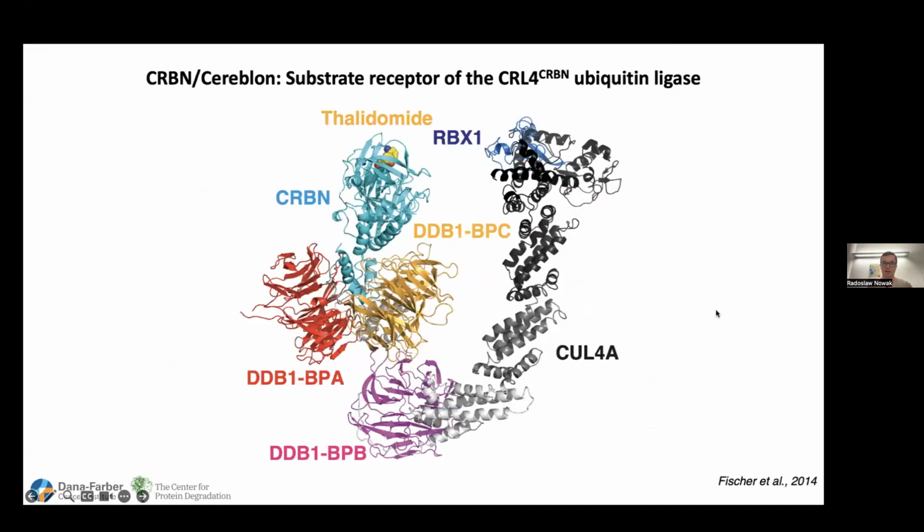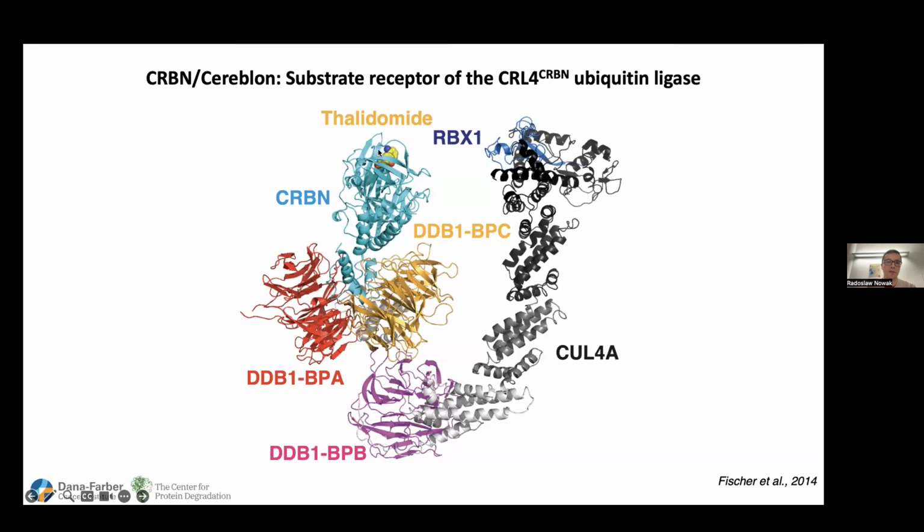Now if you look at how these ligases are built, coming from a structural biology field, this is how a Cullin RING ligase is made. There are about 200 of them in the E3 ligase family. It starts off with a Cul4 or Cullin arm, to which you have an adapter protein, in this case DDB1, that consists of three beta propellers, one of them binding Cul4A.